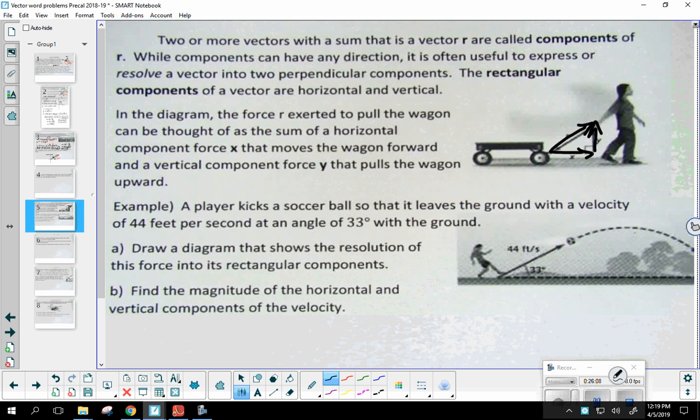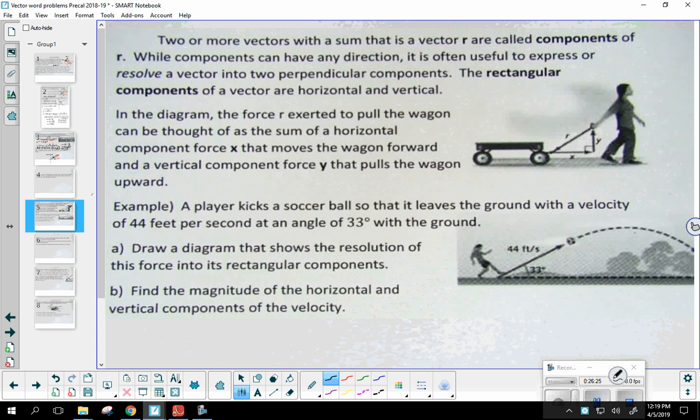The rectangular components of a vector are horizontal and vertical. So in the diagram, the force R exerted to pull the wagon can be thought of as the sum of a horizontal force X that moves the wagon forward and a vertical component force Y that pulls the wagon upward.